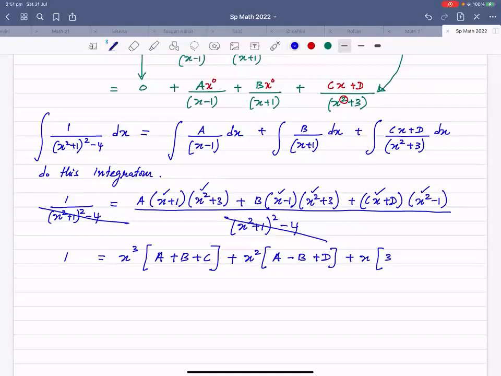Yeah, 3a. Then we have 3b. Then we have minus d. Then constants, right? X to the power 0 terms, constants. So what are the constants you have? 3a. Okay. And then you have minus 3b. Then you have minus.